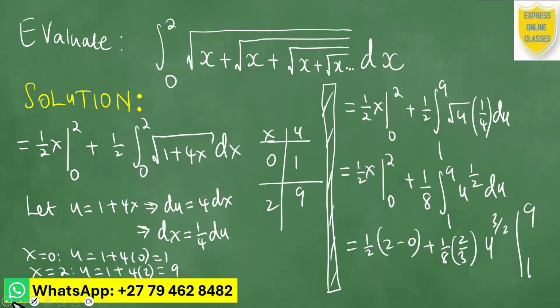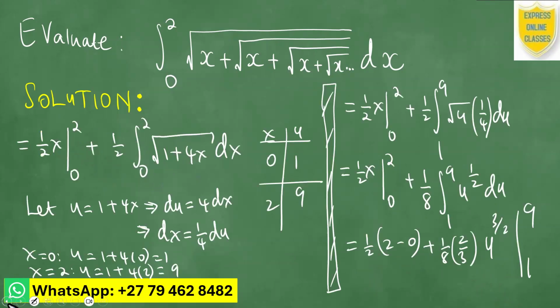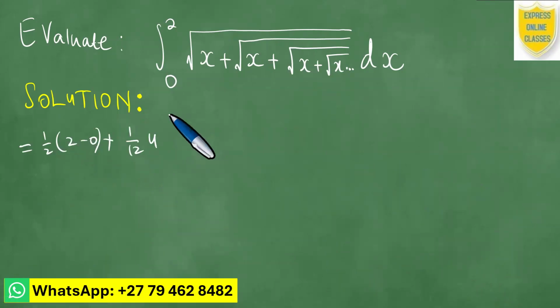In this case, we're going to have 2 divided by 8, 4 going into 8, and therefore this is 4 by 3, 12. So this is going to be 1 divided by 12, u to the power 3 out of 2.